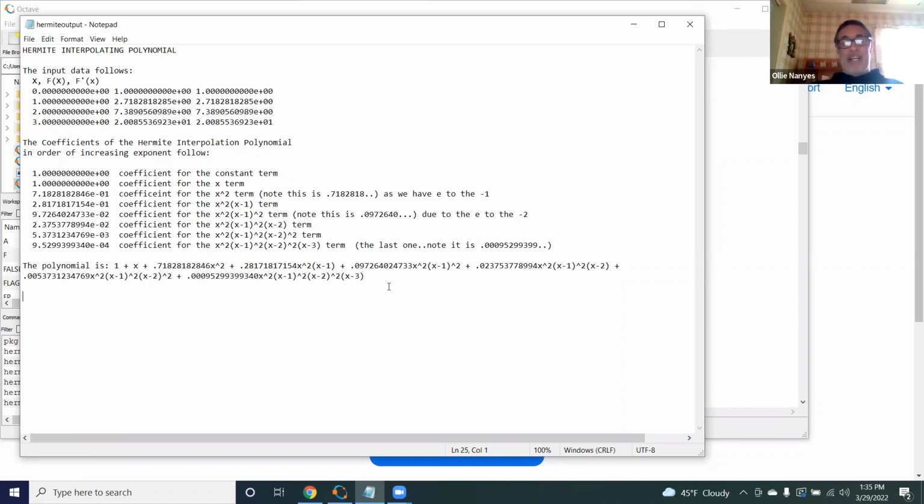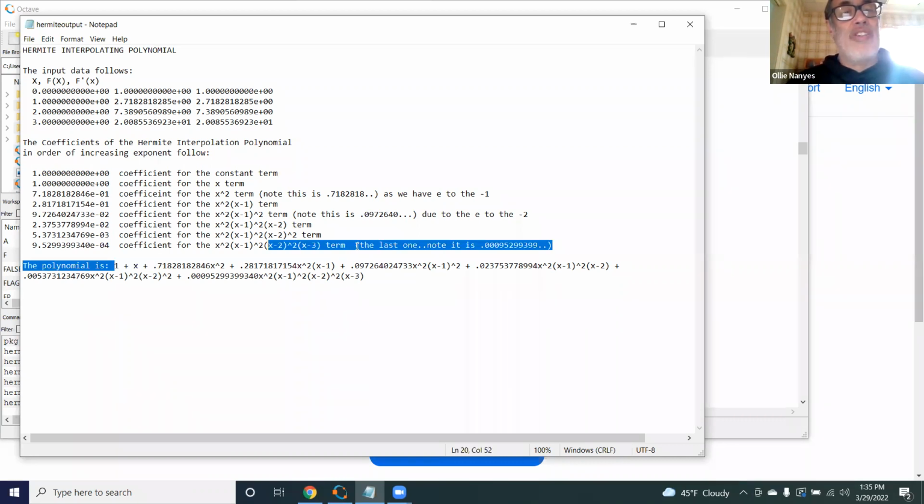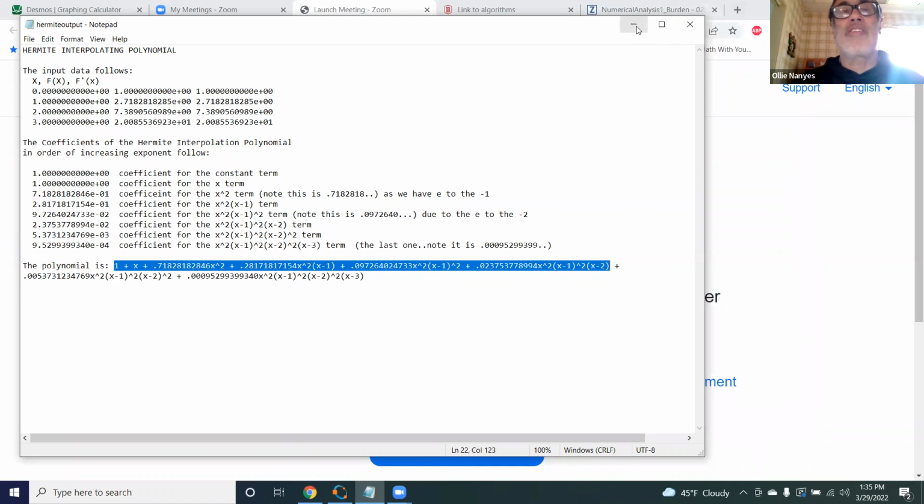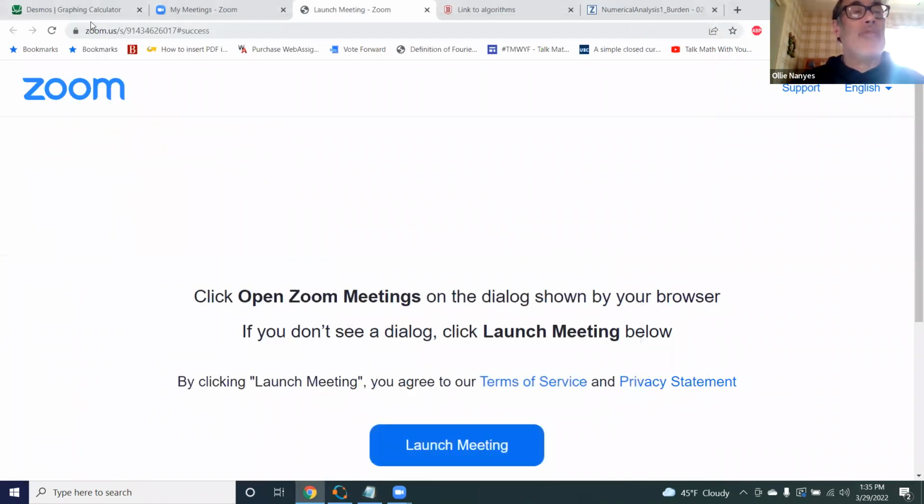Now to graph it, I know I did this on graphing in Octave. It's probably though just as easy to graph in Desmos because you can use cut and paste. So if you cut this polynomial, Desmos is not going to like it to scroll. So let's just go down here and go to Desmos.